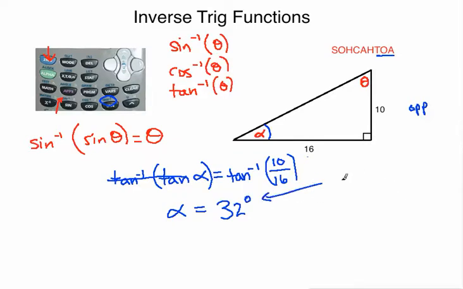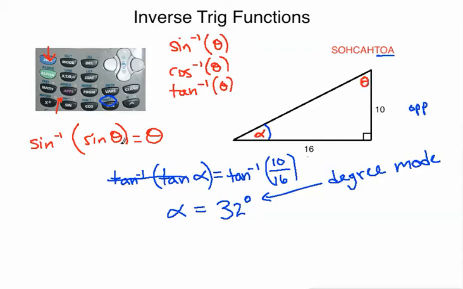I am in degree mode. So if you got something different from your calculator, you might want to check to make sure you're in degree mode instead of radian mode.